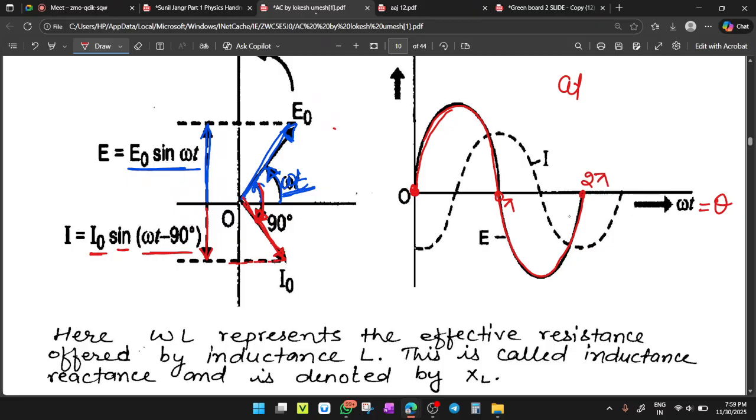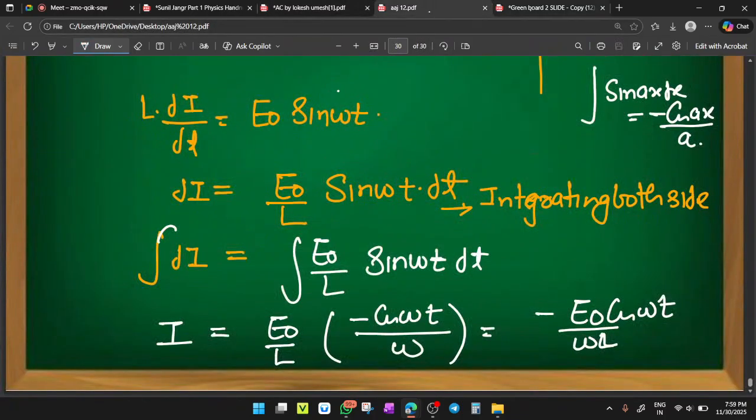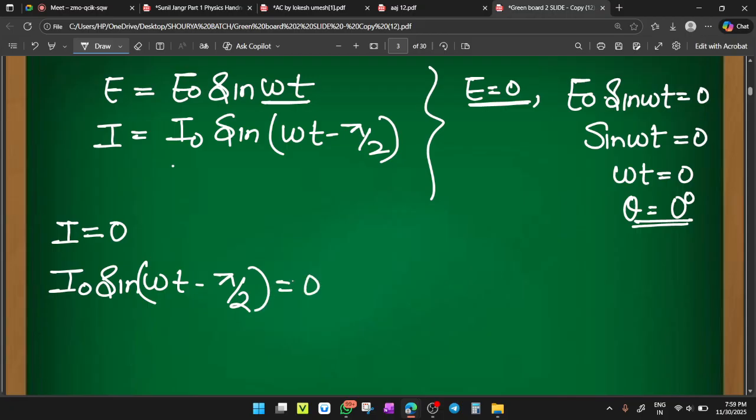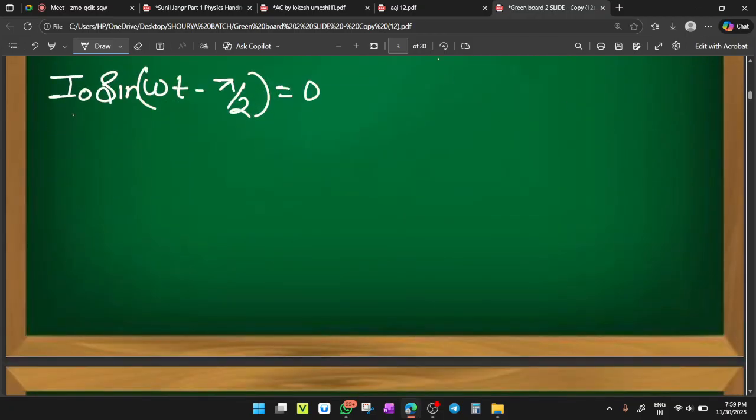Clear, beta? Now, I equals I naught sine (omega t minus pi by 2). Let's find from where the current starts. So I equals 0 means I naught sine (omega t minus pi by 2) equals 0, so sine of (omega t minus pi by 2) equals 0.